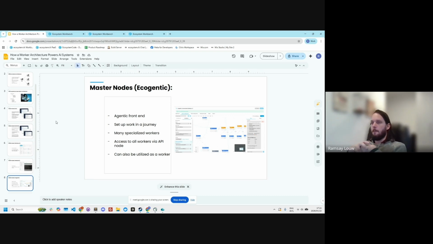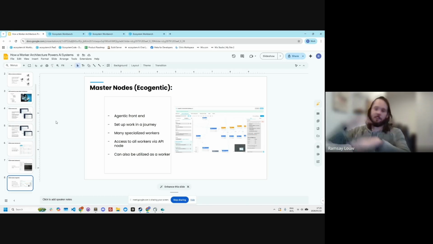What's particularly interesting about the ecogentic example is that once you set up your ecogentic journey, you can then utilize that journey as another worker, and you can infinitely stack these. You can have a journey that at some point has a node that calls another journey, that calls another journey, that calls another journey.